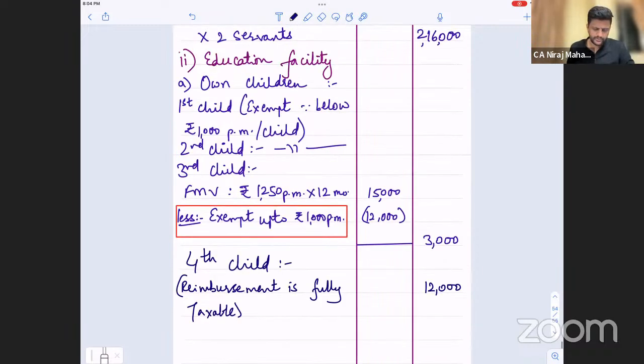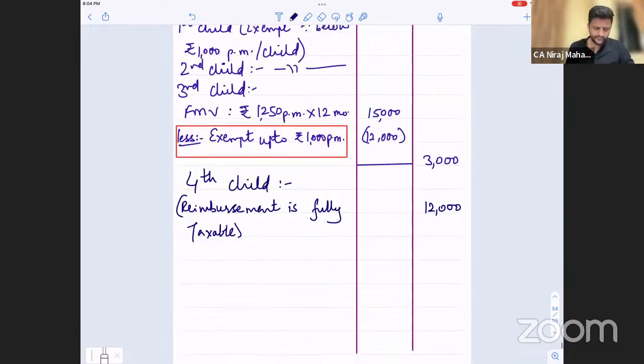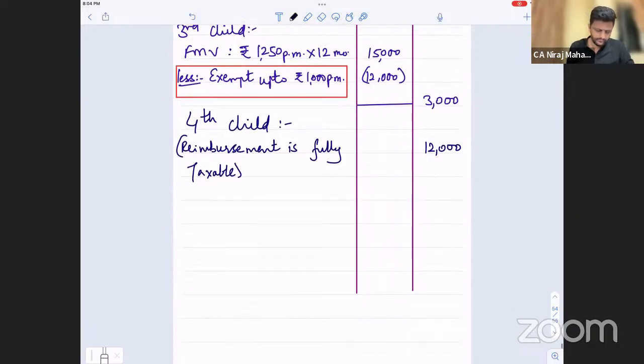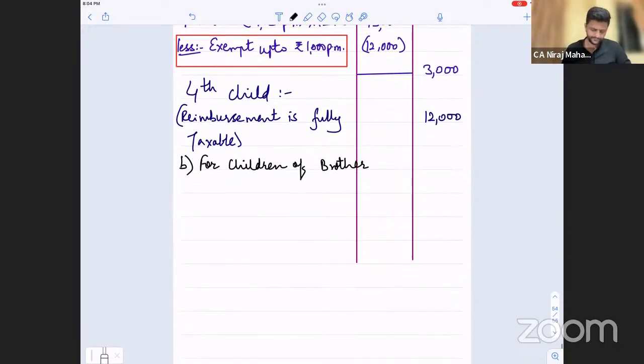So this was for own children. We go to the next. Type in that for brother's son, for children of brother. Ready, everybody?